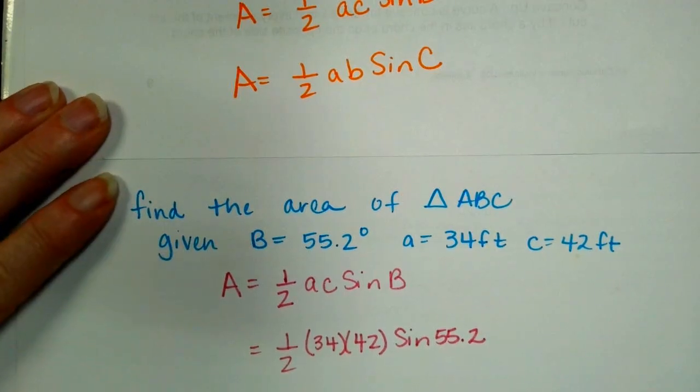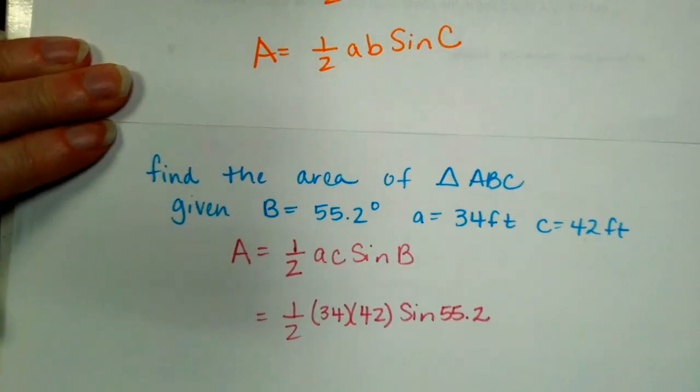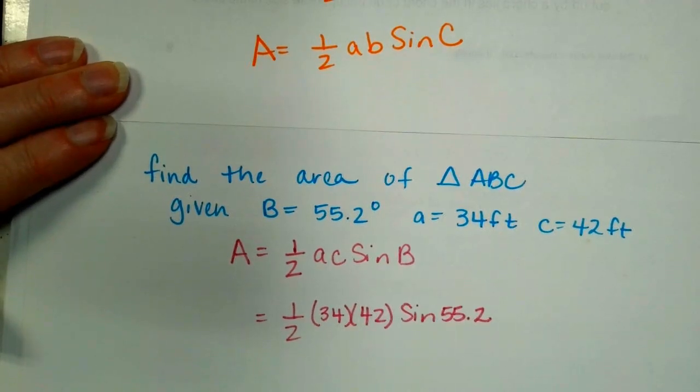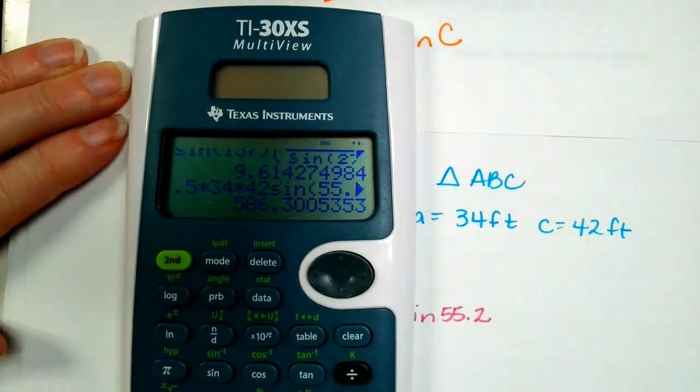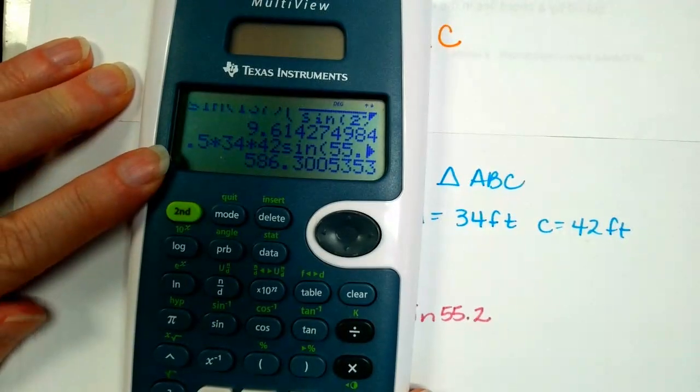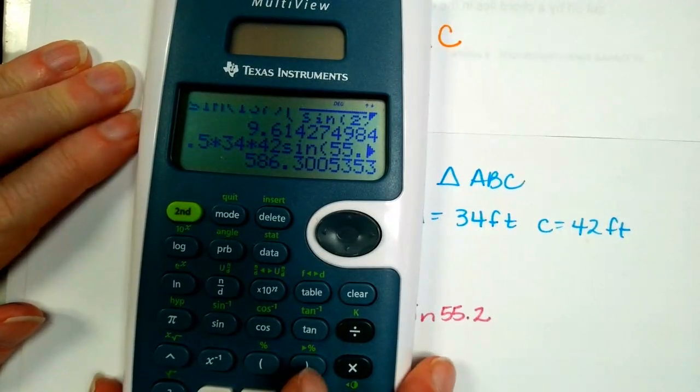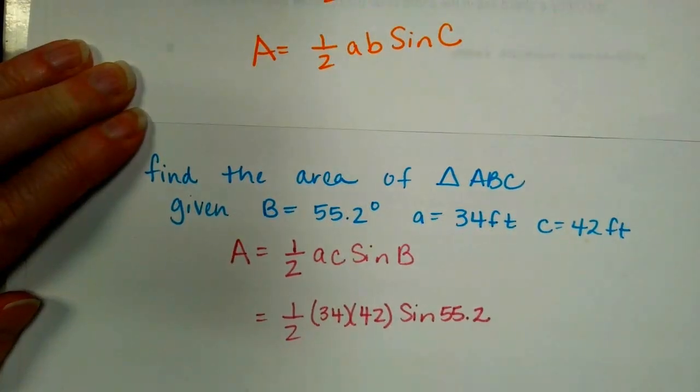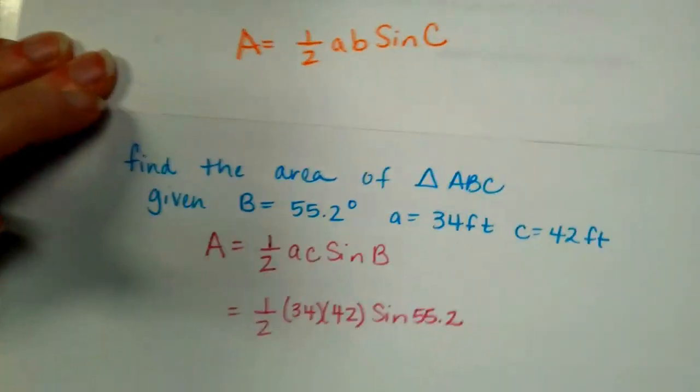And then you just plug that in the calculator. I typed in 0.5 times 34 times 42 times sine of 55.2. Just like that, and I got 586.3.